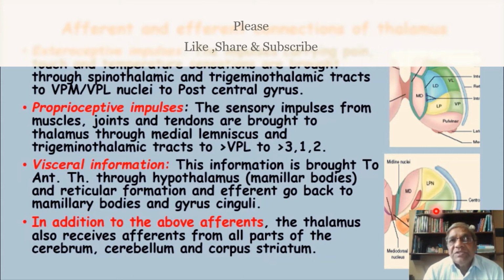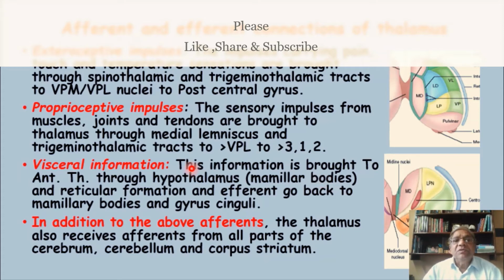You feel the stretch, the tension in your muscle, you feel the pain from the muscle, and you feel the pain from the joint; stretching, hyperextension or hyperflexion of a joint is felt through this sensation.